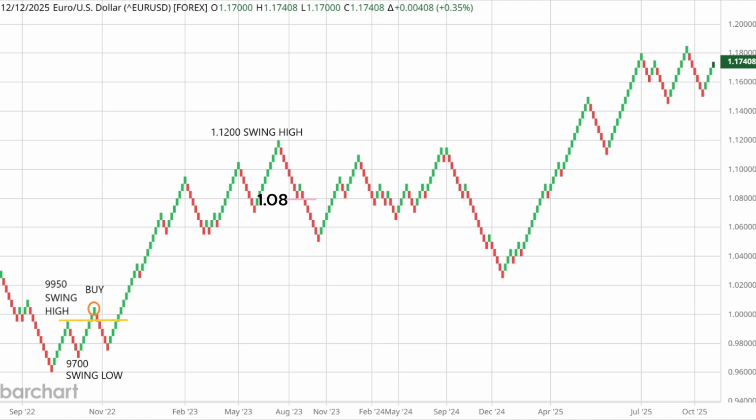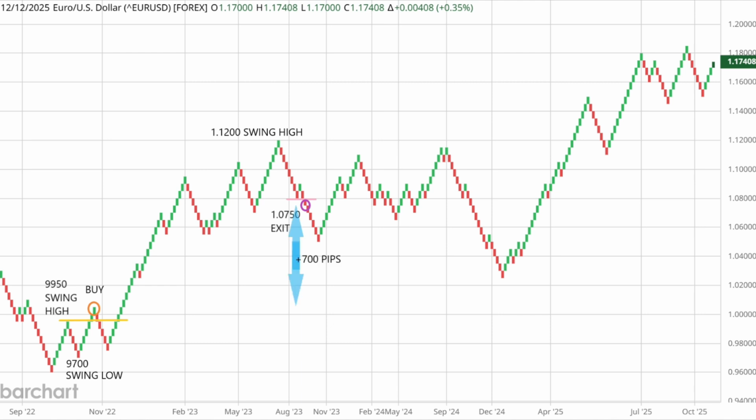However, 1.08 now becomes our new reference swing low. Eventually, price closes one brick below 1.08 at 1.075. That gives us our exit. So we enter at 1.005 and exit at 1.075 for a gain of roughly 700 pips.